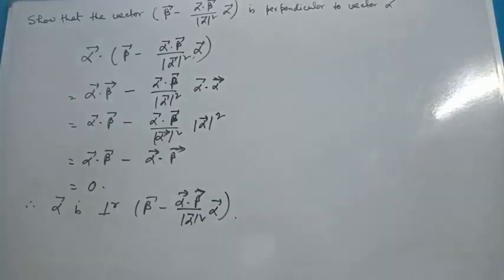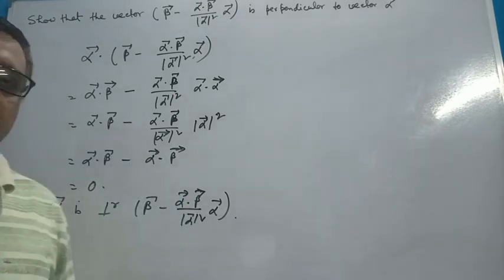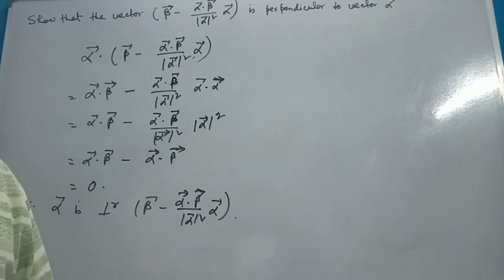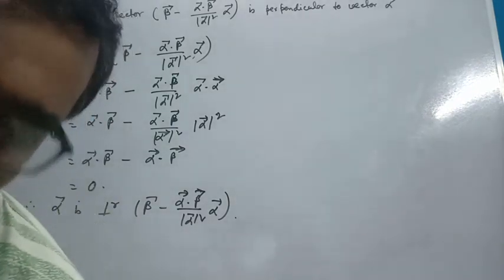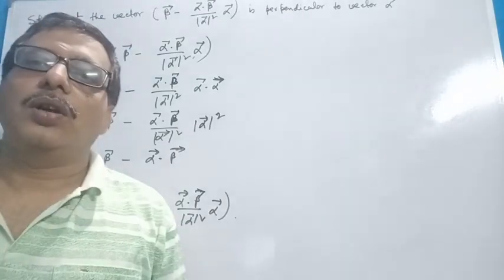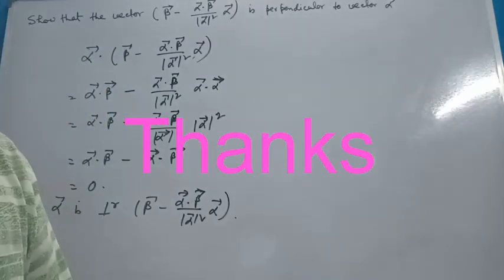Very easy question. If the question is to prove that two vectors are perpendicular to each other, then we just take the dot product. If the dot product is 0, then we can conclude these two vectors are perpendicular.